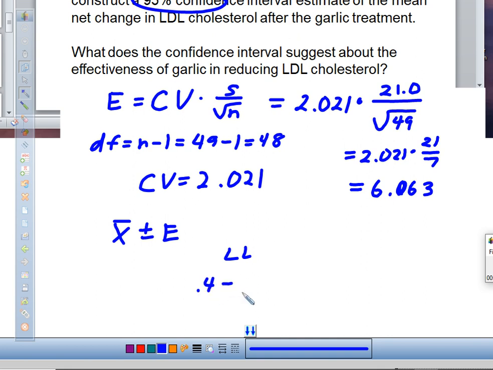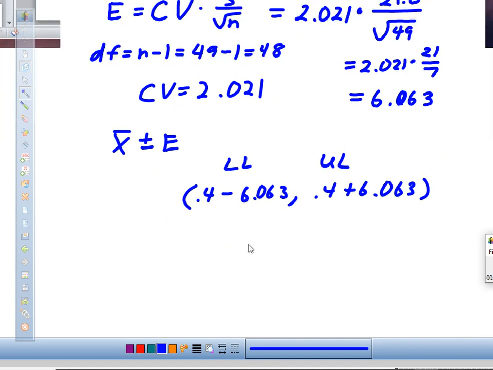So 0.4 minus 6.063, comma, my upper limit, which is going to be 0.4 plus 6.063. That's my confidence interval, which will end up being negative 5.663 to 6.463. And that is my confidence interval.